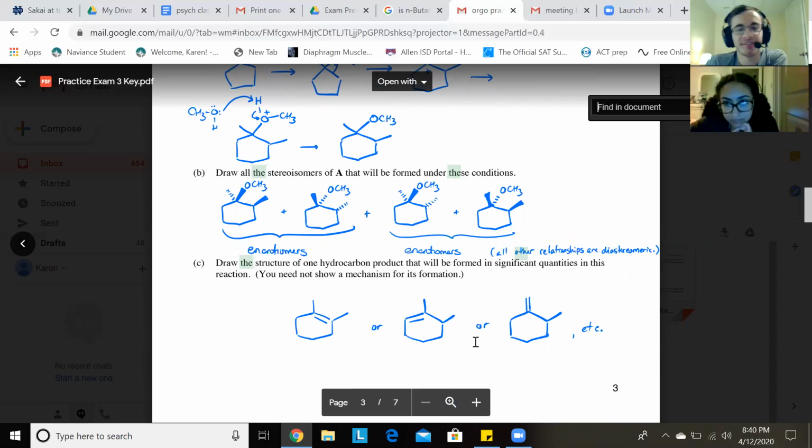You caught yourself. So first off, E1 and SN1 diverge at the point of a carbocation. They don't diverge earlier. That means the exact same carbocation that you use for SN1 would be the same one that you use for E1.